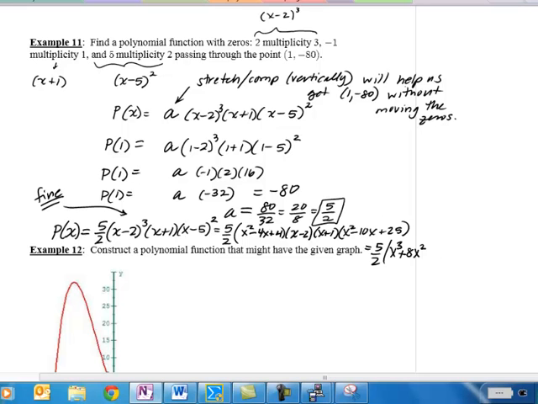What am I doing? Okay, x cubed, and then I'm going to do minus 2x squared minus 4x squared plus 8x plus 4x minus 8.